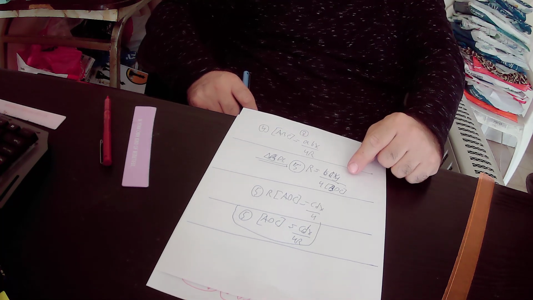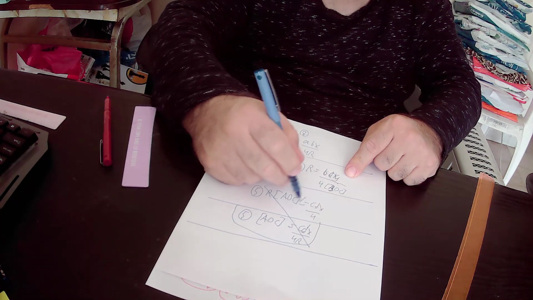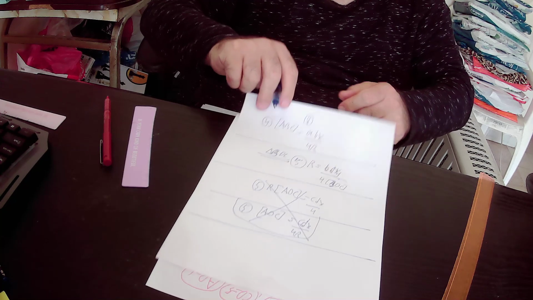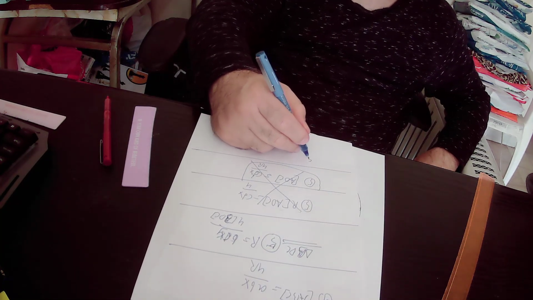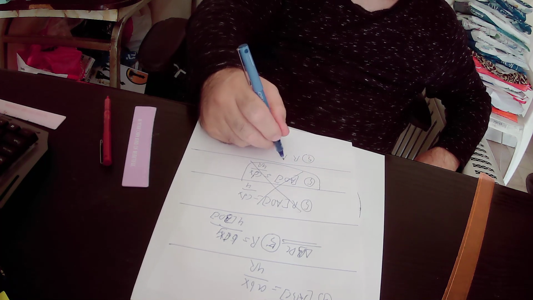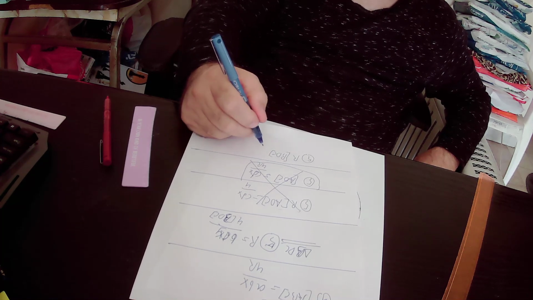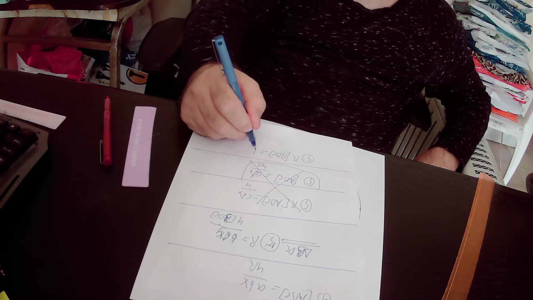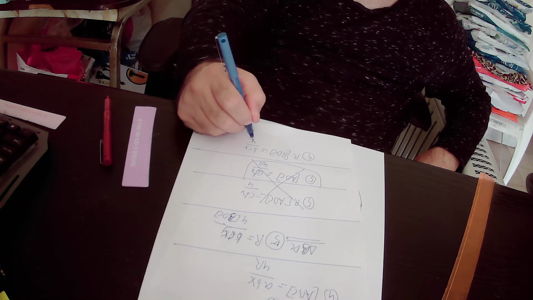Here we will multiply equation number 5 by the area of triangle BDC, and we will get that R times the area of triangle BDC equals BCX over 4.